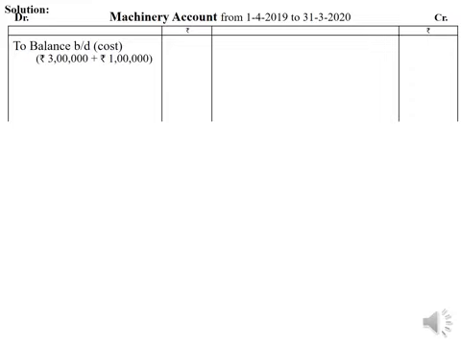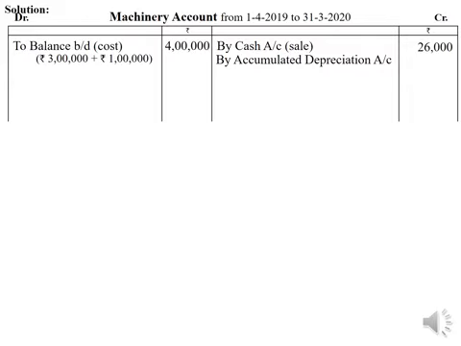We have to add them up to find out the opening cost price of machinery, 4 lakh rupees. Then during the year, machinery costing 50,000 was sold for rupees 26,000, on which depreciation was charged at rupees 20,000. Therefore, it results in a loss on sale of rupees 4,000.